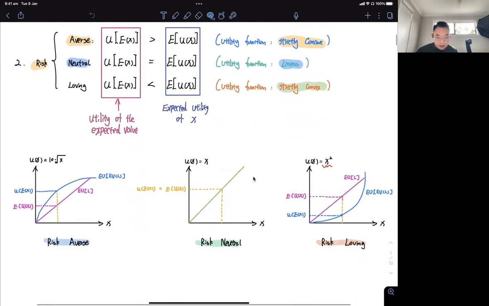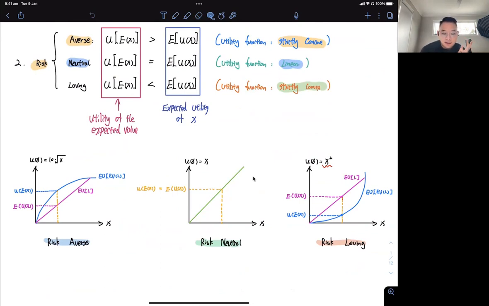Since we talk about those three different kinds of utility functions, let's take a look graphically. Number one, on the very left-hand side, we have the risk averse. As you can see, the utility of expected value function, the blue line, is strictly concave.